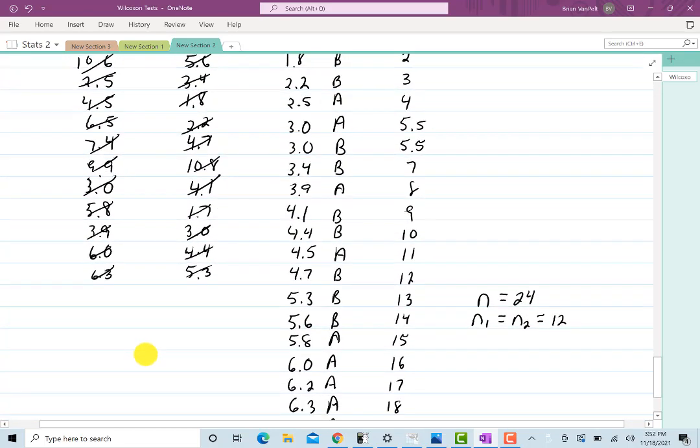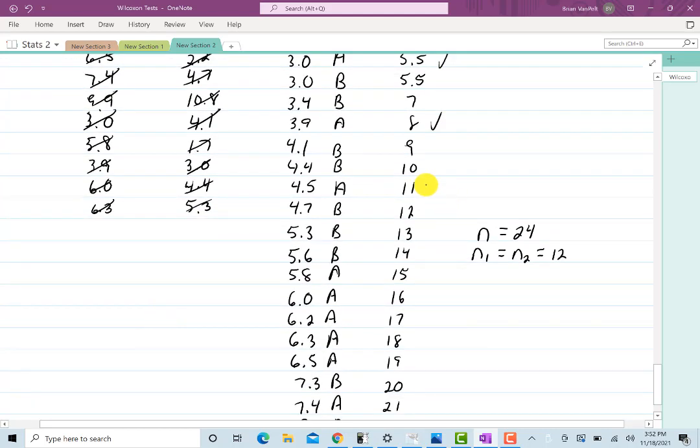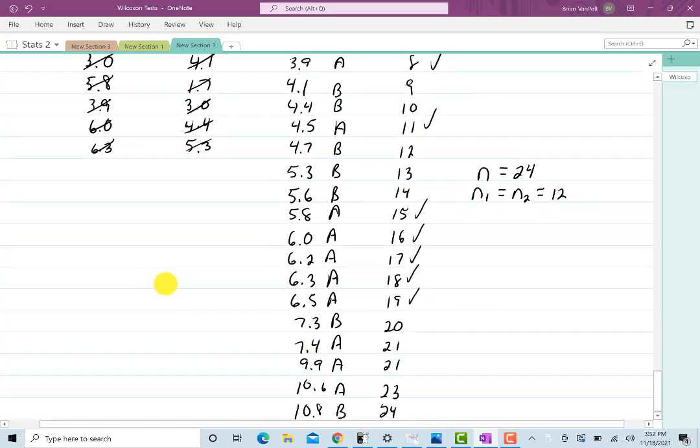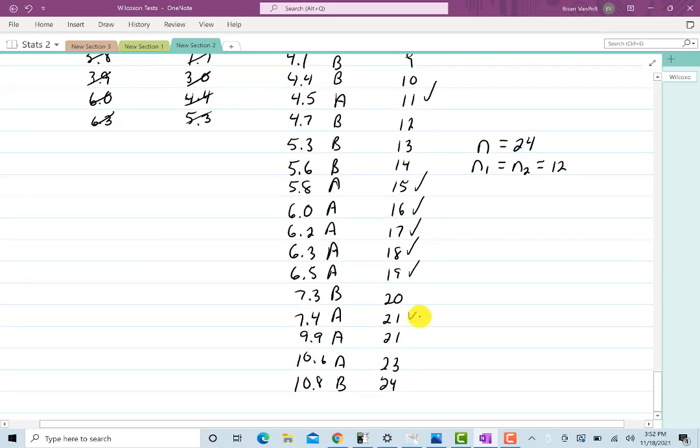So let me look up all the A's. There's 1, 2, 3. So I'm using Company A as sample 1. Company B will obviously be sample 2.